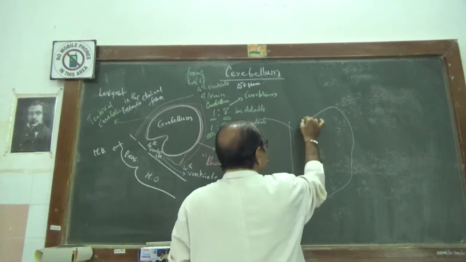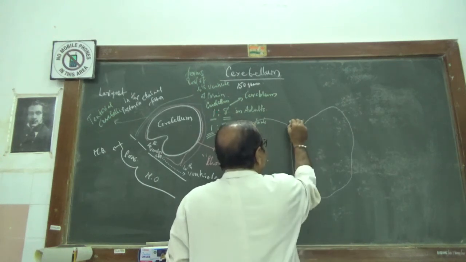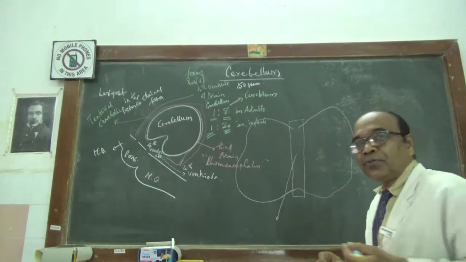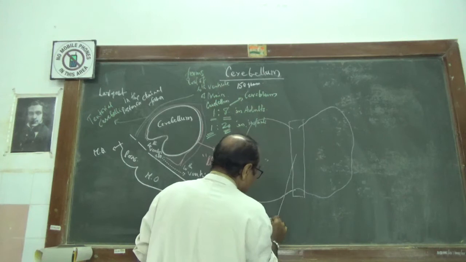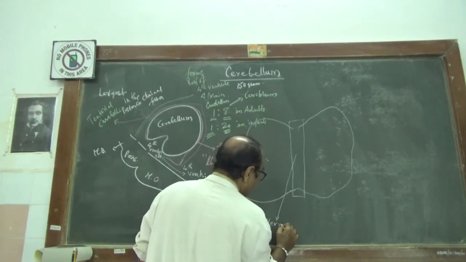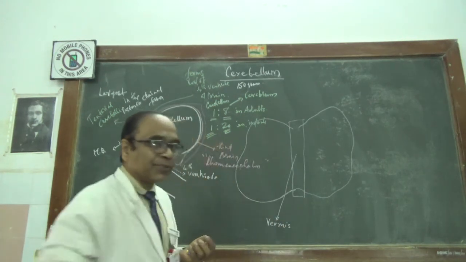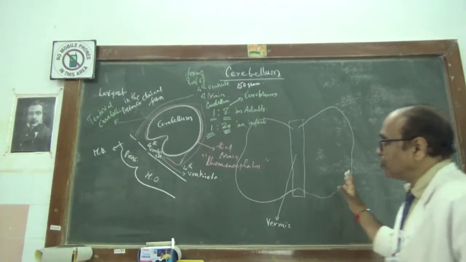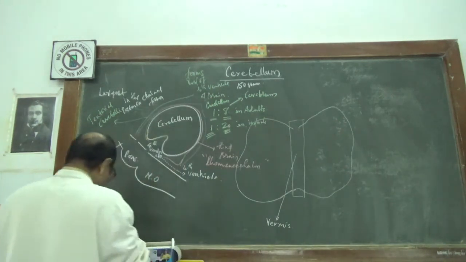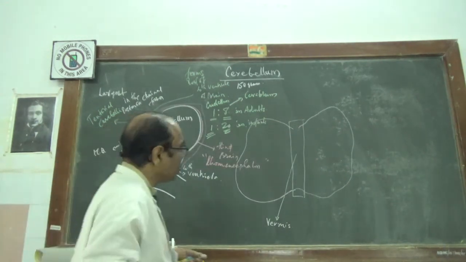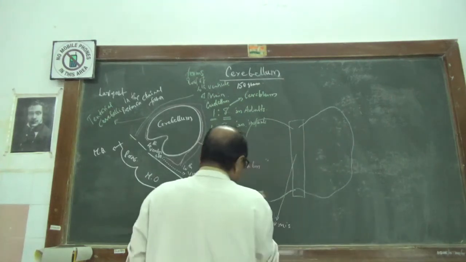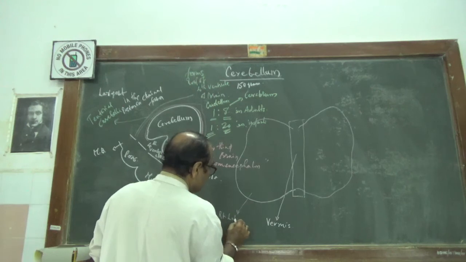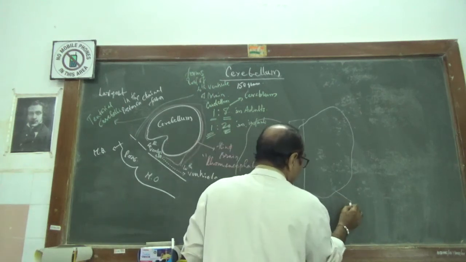This part, the constricted median part of the cerebellum, is called the vermis. Because of the vermis, the cerebellum is divided into two lobes. This is the right lobe, and this one is the left lobe.